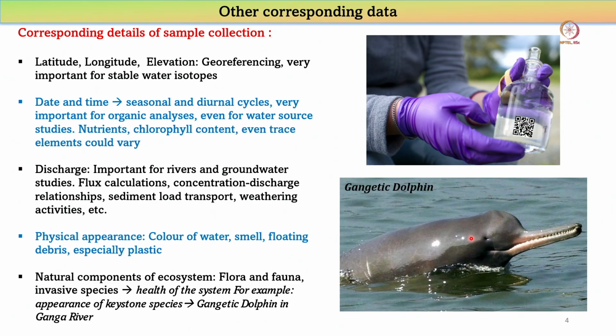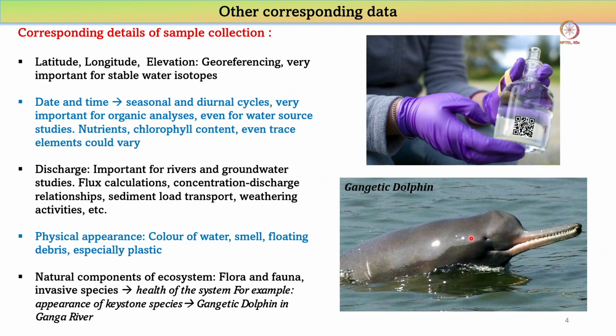Say for example, DO, dissolved oxygen of the river. For a river, it becomes slightly different because the river is always moving, so it might not be as prominent as in a stagnant water body. In a stagnant water body, if you measure the DO with time, you will definitely see a cycle. That cycle is related to the photosynthetic activity, right?